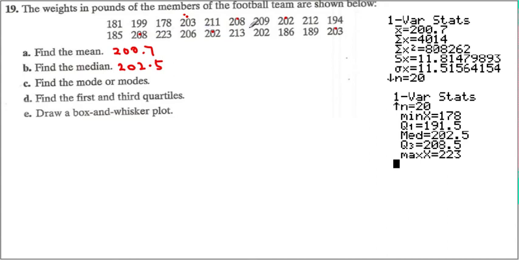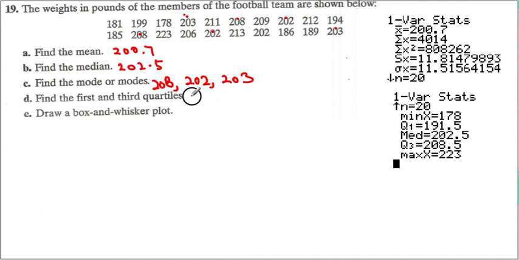So in fact, it seems there are many modes here. 208 is one, and 202 is one, and 203 is one. And I think it seems that we have 3 modes.